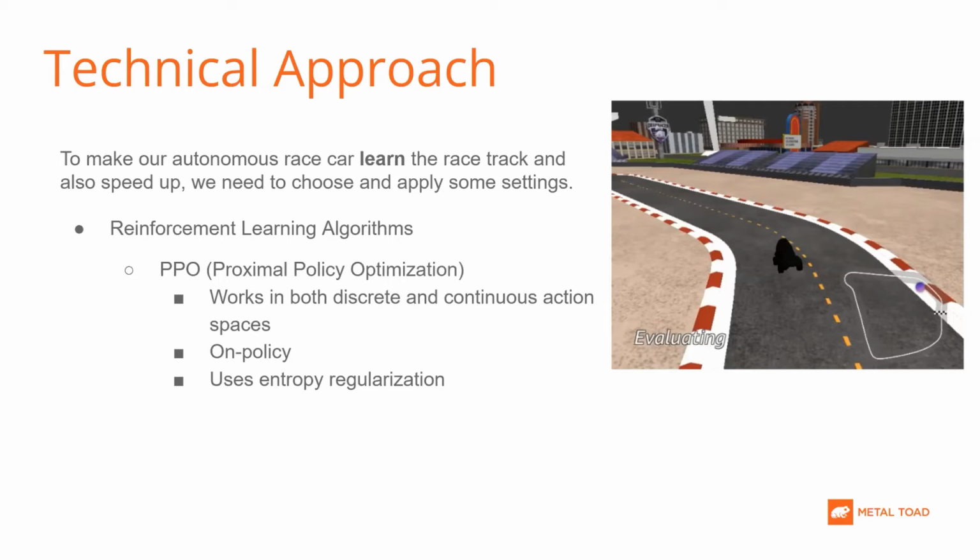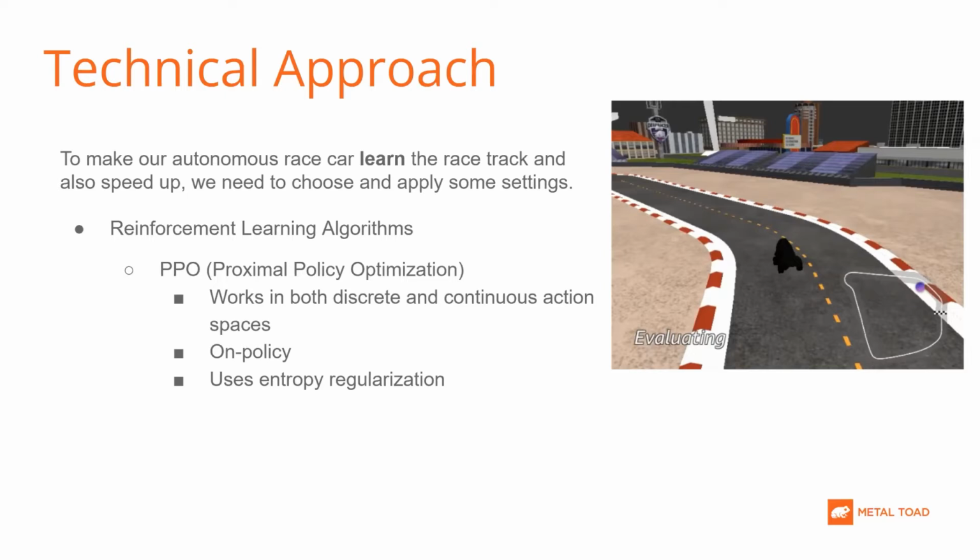The agent tries to achieve a goal in an uncertain and potentially complex environment, and it employs a trial and error approach. As the reward increases, in this case, the car stays on the track and doesn't go off the track, the agent is doing the right thing.